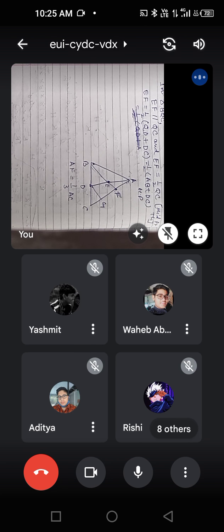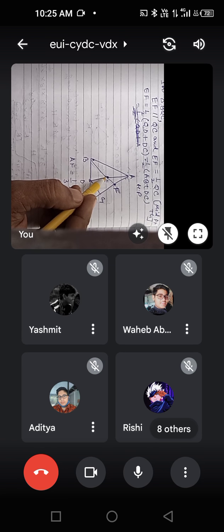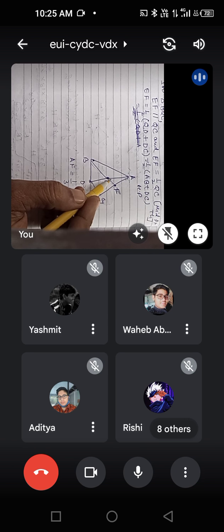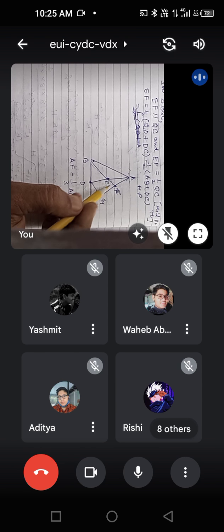Got it now? Now you see here D is the midpoint, and this line is drawn parallel to this. These two are parallel. So a line through the midpoint of one side of a triangle parallel to the second side bisects the third side. This is called the converse of the midpoint theorem.